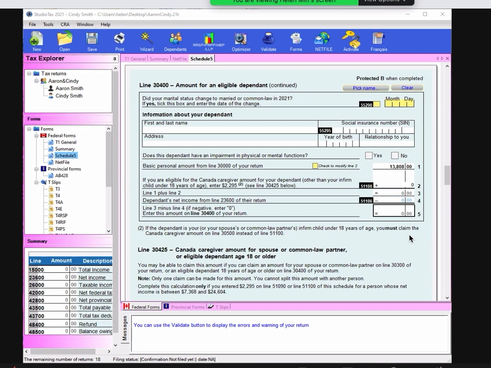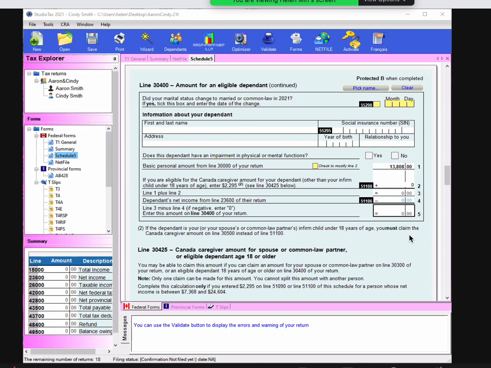Then they match, and the CRA never came to me. If I went to my family doctor for a note, they would charge me $75, and I just don't want to pay the $75.